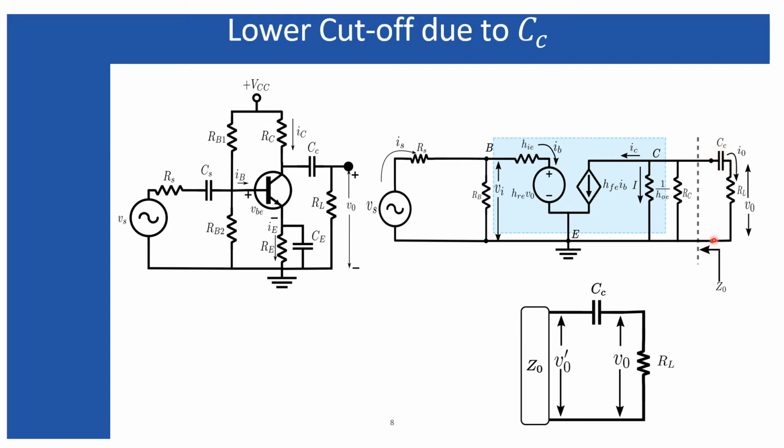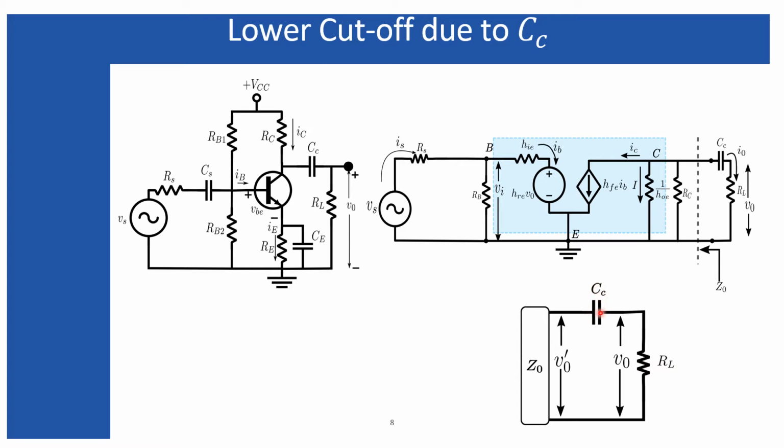Obviously, when you are looking from this terminal, the equivalent resistance associated with this capacitor is nothing but the output impedance of the bipolar junction transistor in the voltage divider configuration. The expression for the output impedance I have calculated in my earlier lecture; you should refer to it for the expression of Zo. The same expression will be followed over here. And here this Zo and this RL are associated with this Cc.